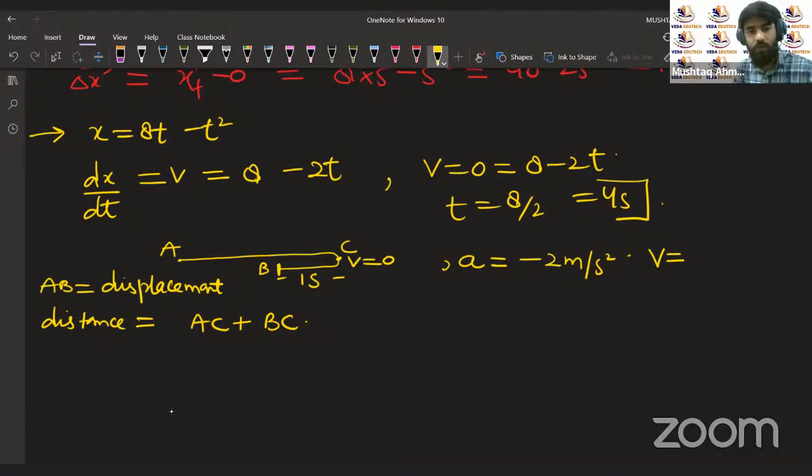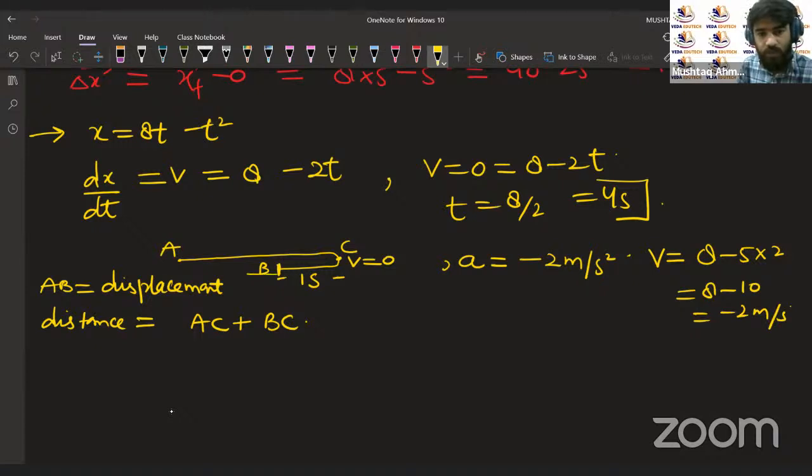After 5 seconds, the velocity of this particle is 8 minus 5 into 2, that is 8 minus 10, which is equal to minus 2 meter per second. So the velocity of this particle at this point is 2 meter per second in the reverse direction, and the acceleration is minus 2 meter per second square.